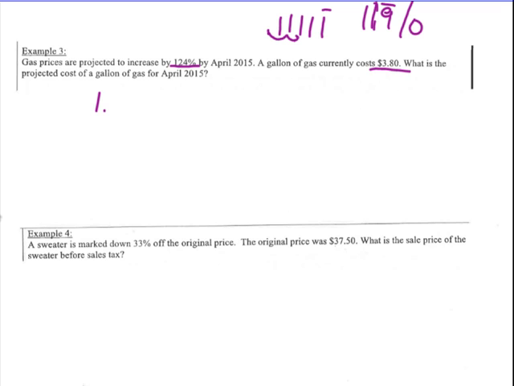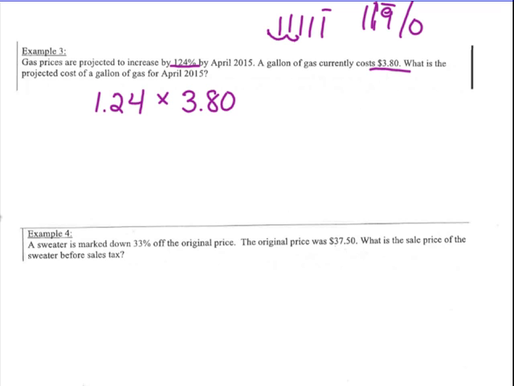So I'm going to change my percent. Remember, another way I could read this is 124 hundredths. Percent means out of 100, per 100. So 124 hundredths times that $3.80. And yes, you could do this on a calculator.